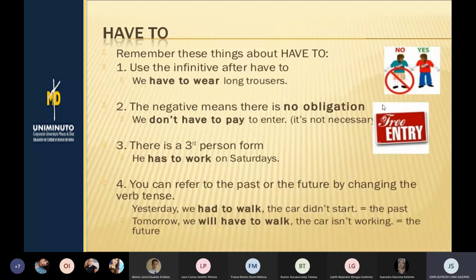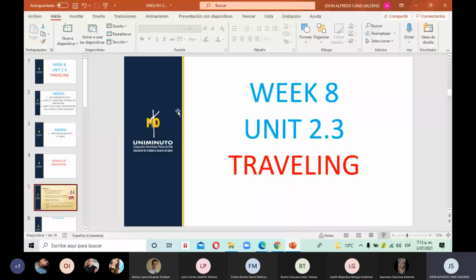Thank you, teacher. Okay. So, have to. Have to in Spanish is like tener que. It is an obligation. So we have 1, 2, 3, and 4 steps. Number 1, remember these things about have to. Number 1, use the infinitive after have to. So here we have the explanation.